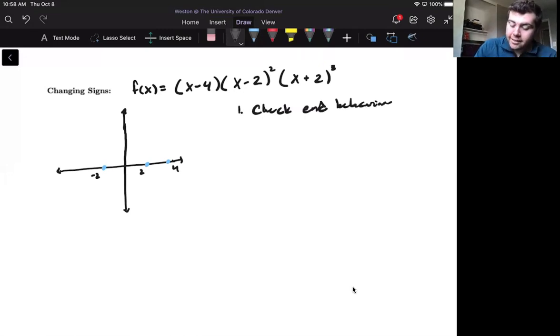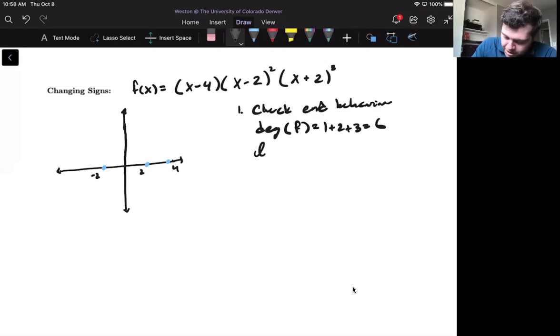We know that the degree of this polynomial, the degree of f, we just sum the powers on each of these monomial terms, is 1 plus 2 plus 3, which equals 6. So the end behavior, because it's even, is the same on both ends. So it's either going to infinity on both sides, or it's going to negative infinity on both sides.